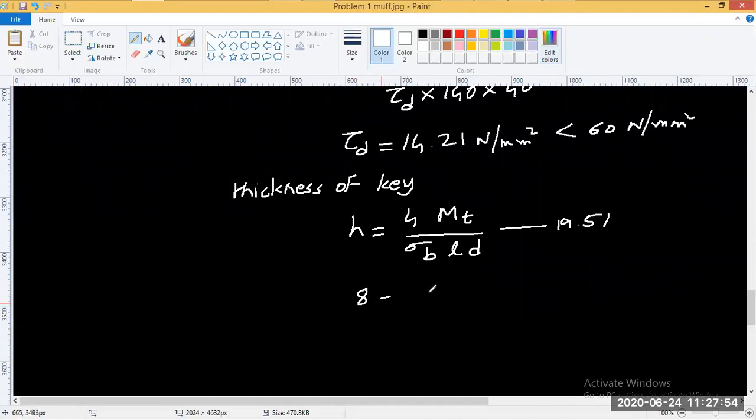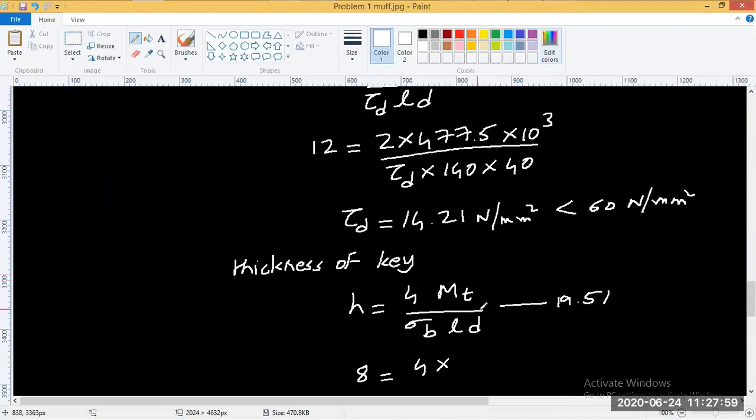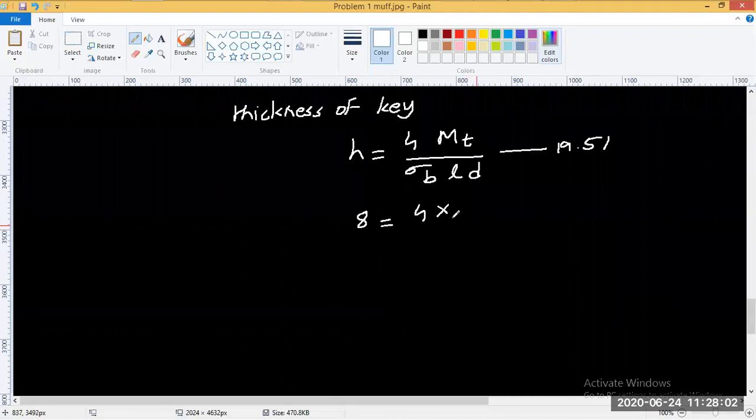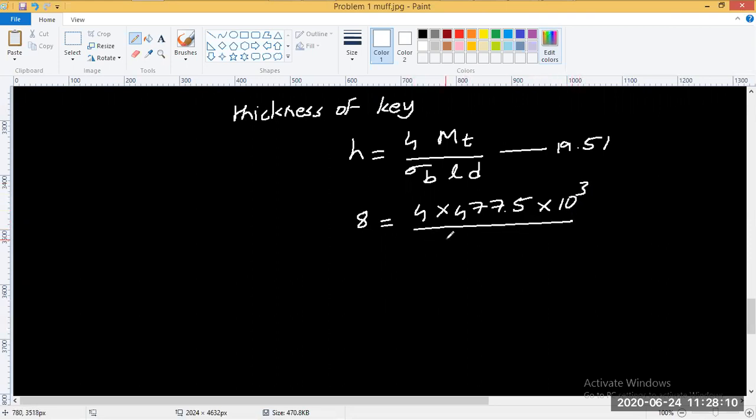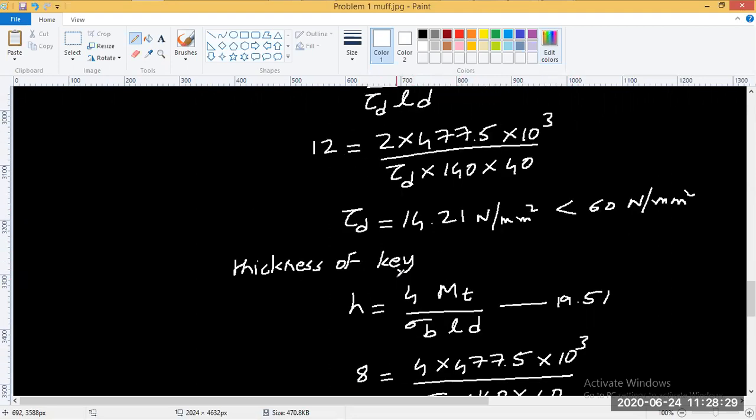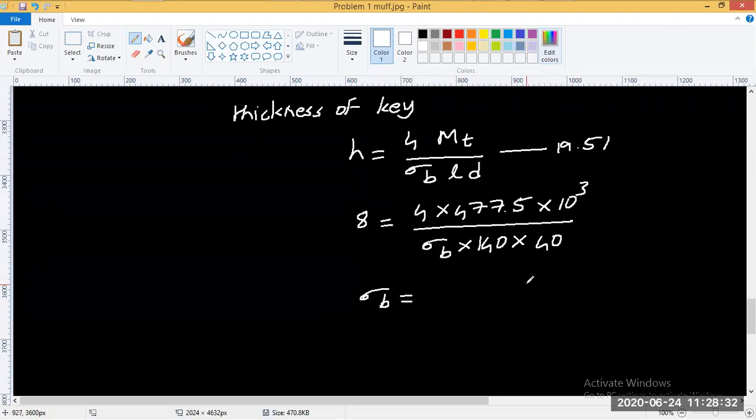This 8 equals 4 into Mt, which is 477.5 into 10 power 3, divided by sigma b into length was 140 into diameter was 40. So we just need to find what the crushing stress is in this case, whether it is exceeding our value of 130 or not. So hopefully it doesn't.